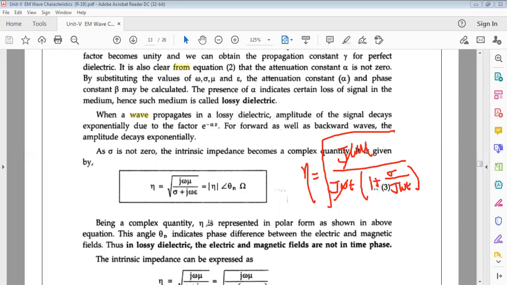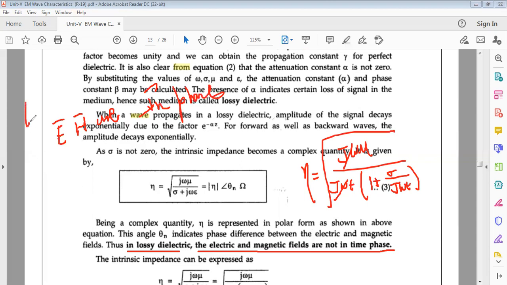Being a complex quantity, eta is expressed in polar form as shown in the equation. This angle theta n indicates the phase difference between the electric and magnetic fields. Thus, in a lossy dielectric, the electric and magnetic fields are not in time phase. In a lossless dielectric, we say that E bar and H bar, the electric and magnetic fields, are in phase.